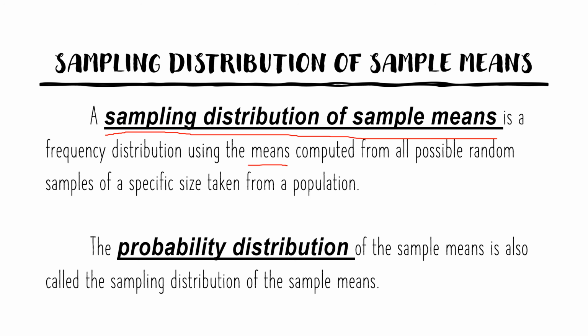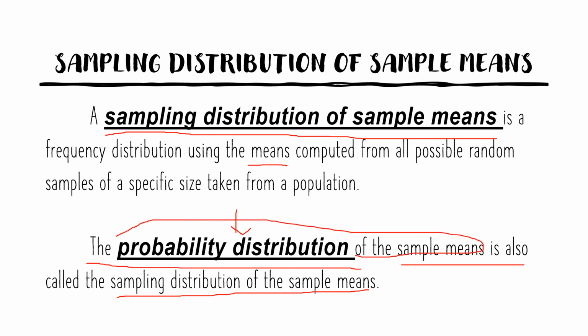Now, the probability distribution of the sample means is also called the sampling distribution of the sample means. So another term for the sampling distribution of the sample means is the probability distribution of the sample means.